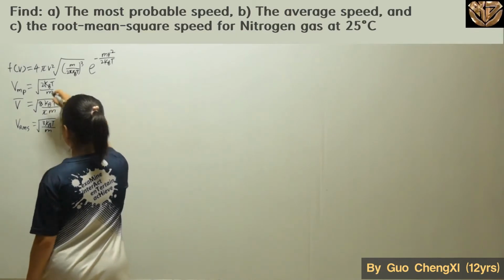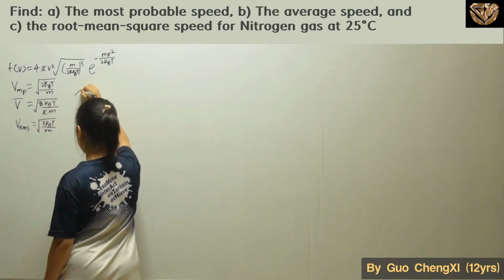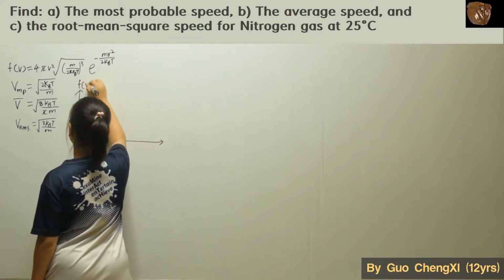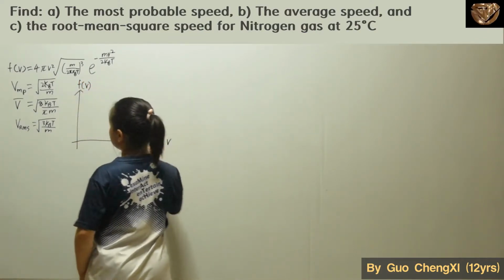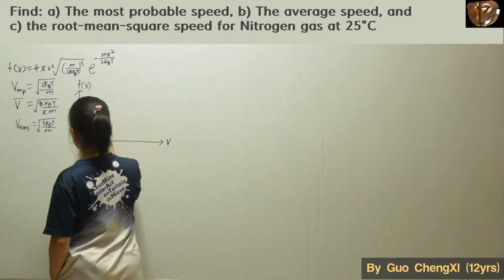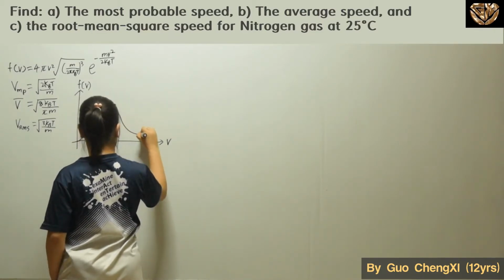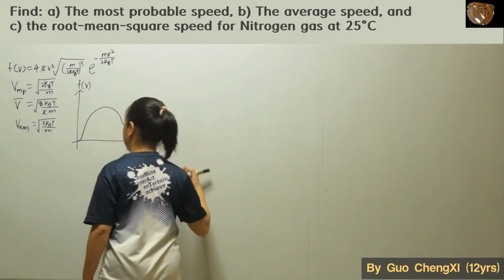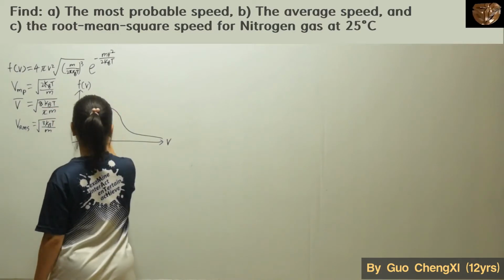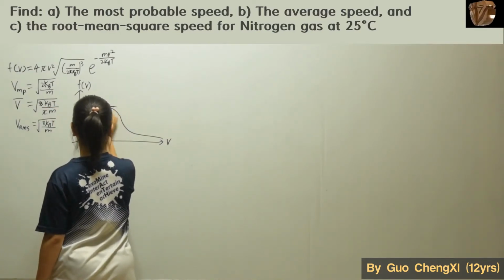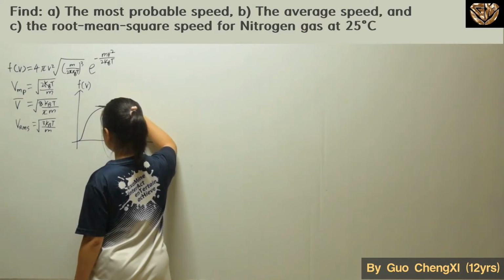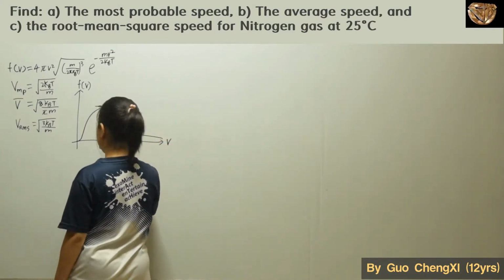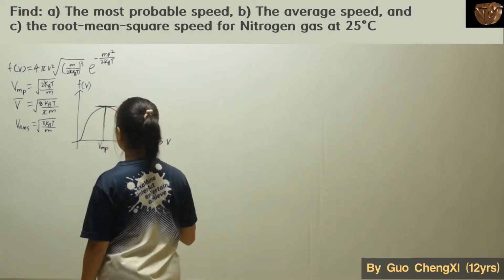If you want a visual representation, this is f(v) and this is v. If I draw the graph, it's going to be something like this. The highest point at the top is the most probable speed, v_mp.